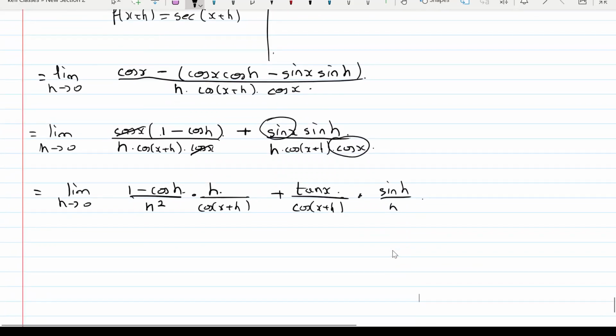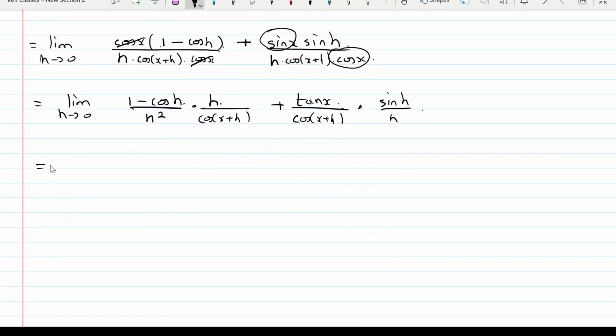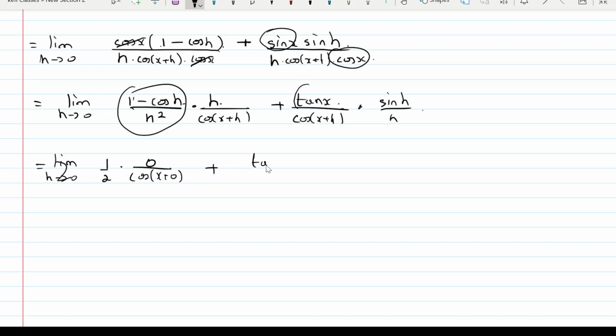Okay, so this will be equal to limit as h tends to 0, and this limit will be, this part is half, this is 0 upon cos of x plus 0 plus this one is tan x as it is upon cos of x plus 0 into sin h upon h, the limit is 1.